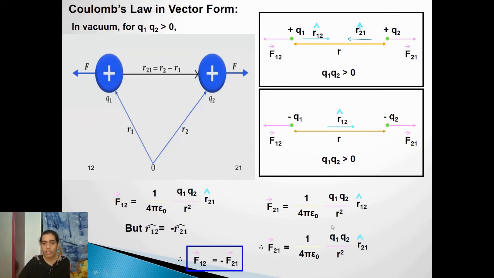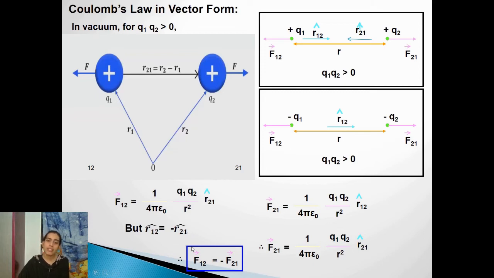If you compare this equation for vector F21 as well as vector F12, the right hand side terms are the same apart from the sign, which means we can write vector F12 is equal to vector F21 with a minus sign, because R12 cap is replaced by minus R21 cap.